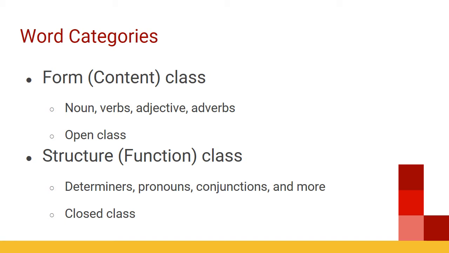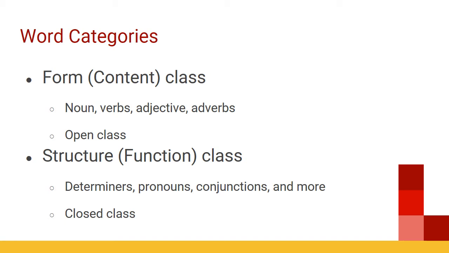Most of what we understand about what's happening in a sentence or the meaning of the sentence comes from the form class words. We've also mentioned that these are open class words, which means that there is the possibility to add new words to the language if they're form class words. We can always invent new nouns and verbs, adjectives, and our language allows for that.